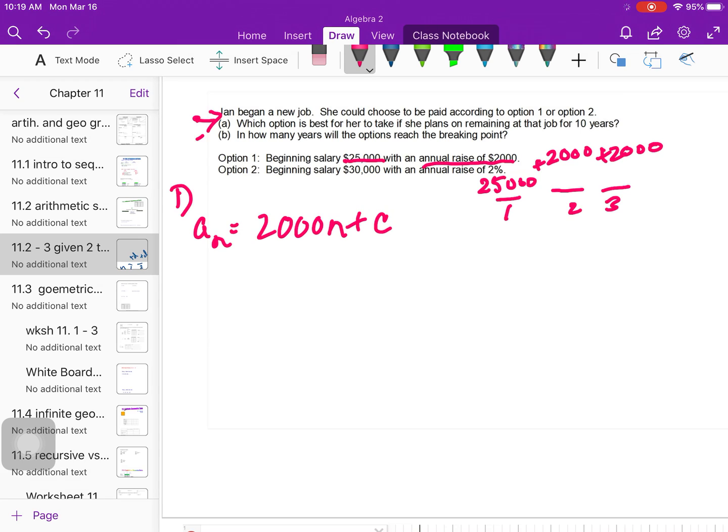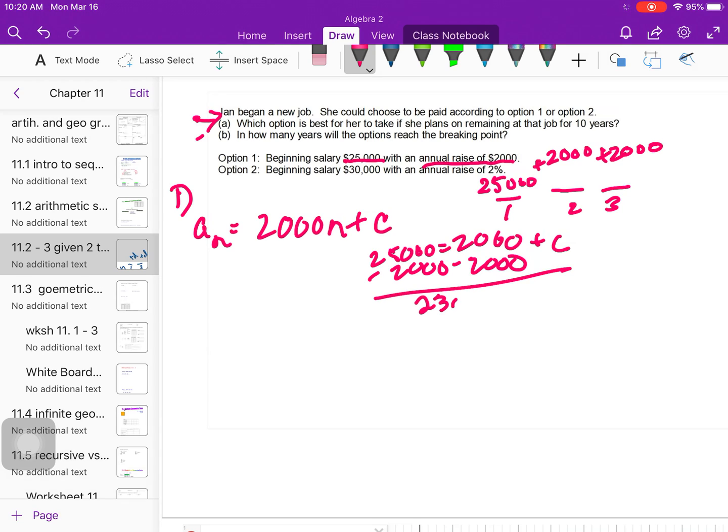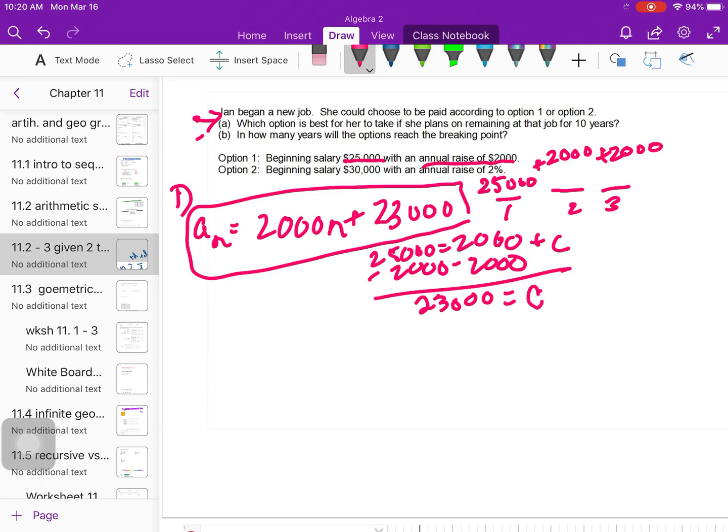So I can put a 1 in the n spot, so I get 2,000 plus what gives me my 25,000. Subtract 2,000, I get 23,000 equals c. So I'm going to come back here and replace this plus c with plus 23,000. And there is my first option's equation.